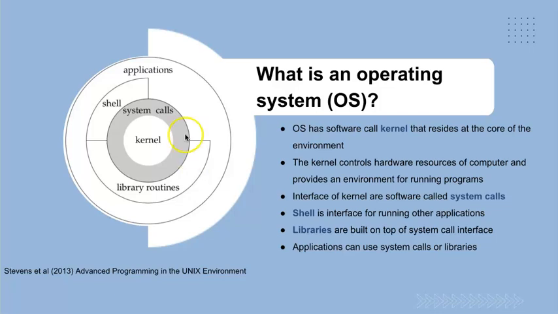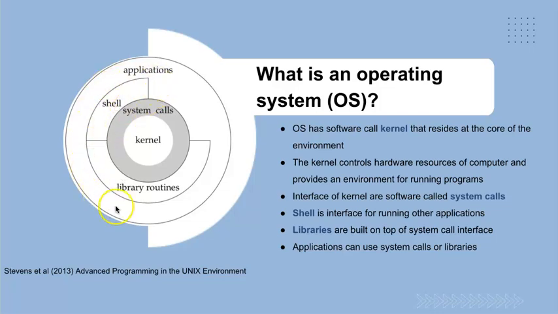They are built on top of the system call, and they use the system call to access the different operating system services. As a user, you don't need to worry about the under the hood code of the libraries.